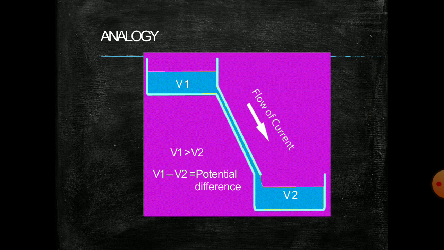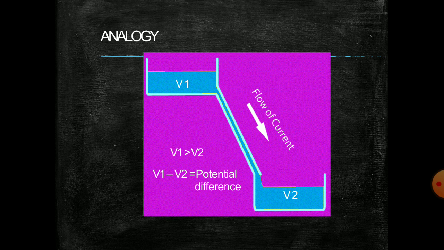Next analogy is V1 and V2. V1 is at a higher position, V2 at a lower position. Now you can see that current will always flow from higher voltage to lower voltage. Here V1 is at a higher voltage and V2 at a lower voltage. Why are we watching this figure?